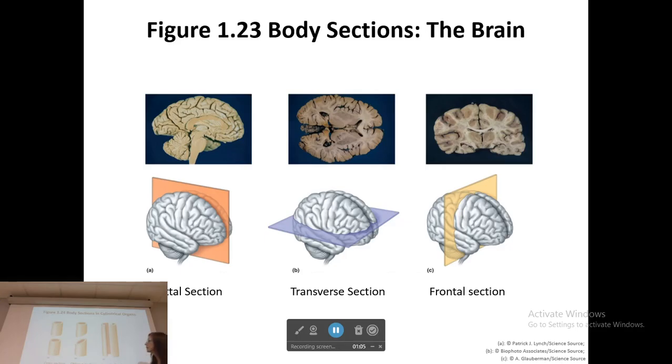Also, for instance, with the bone, we've got a cross section. Cross section would also be called horizontal, right, or transverse. And then we've got oblique. Oblique is at an angle. Here we have longitudinal.